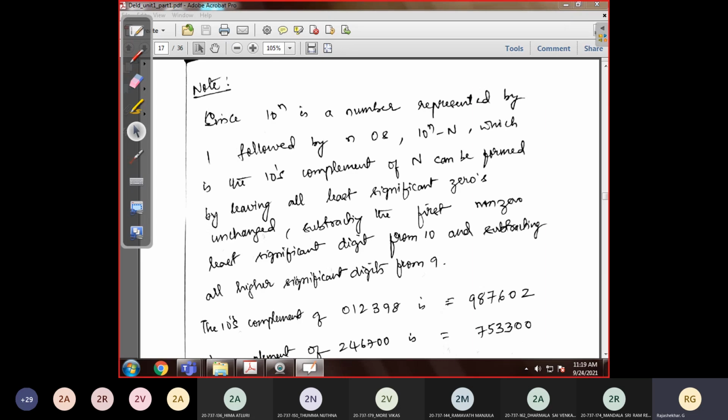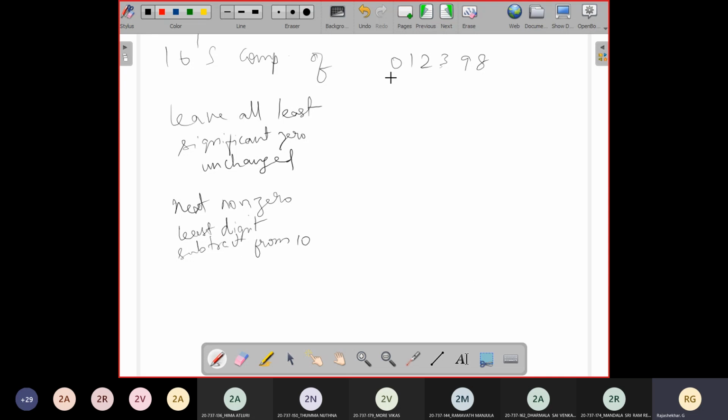Let's have a look at the procedure. Subtract the first non-zero least significant digit from 10. Since there are no least significant zeros here, the first step is invalid for us. Now let us come to the next step: the next non-zero least significant digit, you have to subtract from 10. Here we have a non-zero least significant digit, therefore you have to subtract this number from 10. So the first digit of the 10's complement will be 2, 10 minus 8.